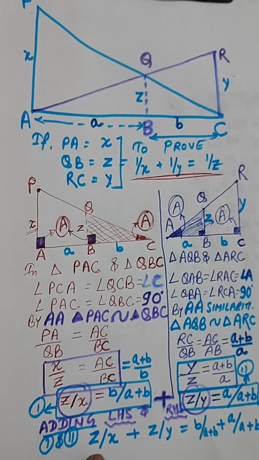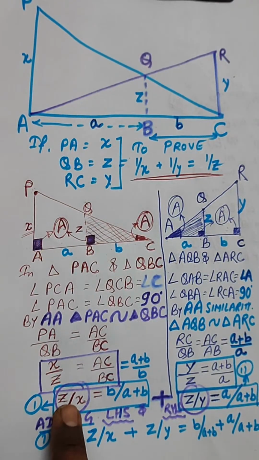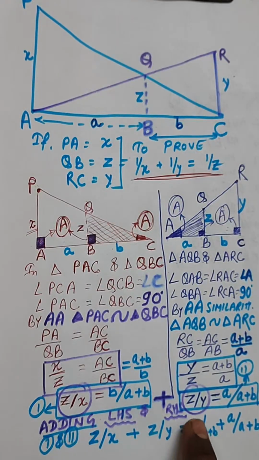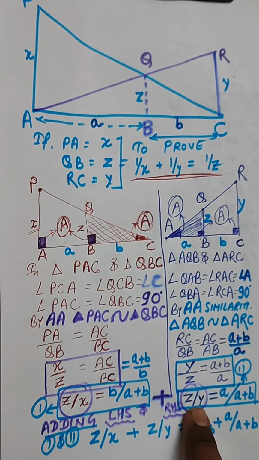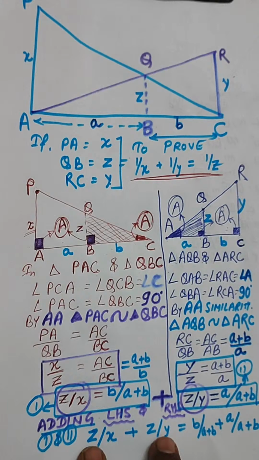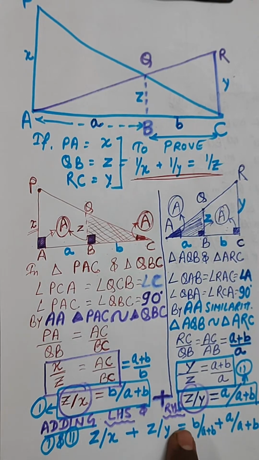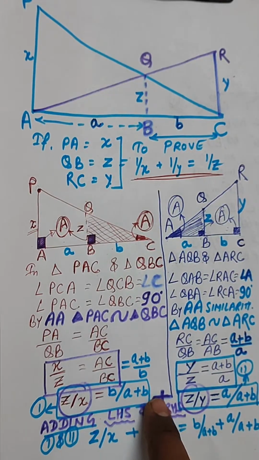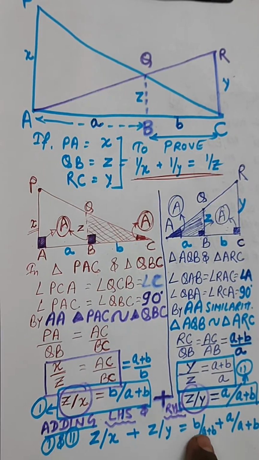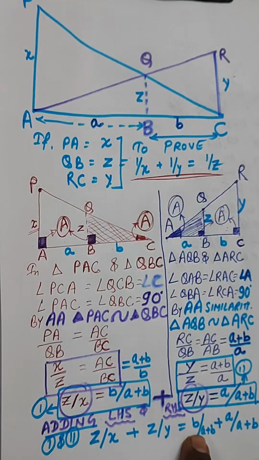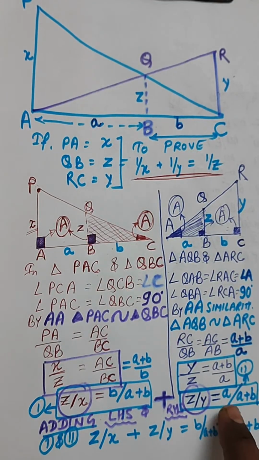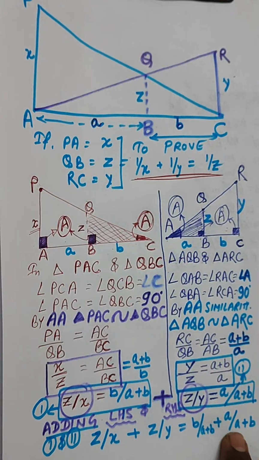So this will give you z by x, LHS of equation 1, plus z by y, LHS of equation 2. The entire LHS is equal to RHS of equation 1, b by a plus b, here I've written, and RHS of equation 2, that is a by a plus b, here I have written.